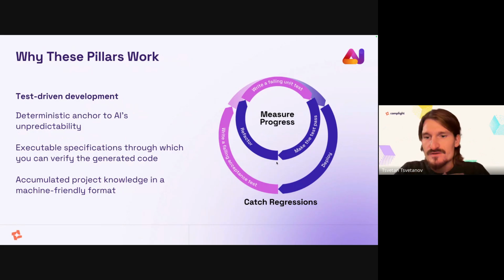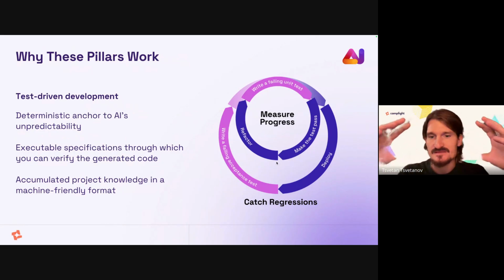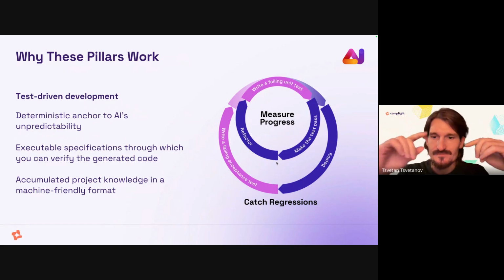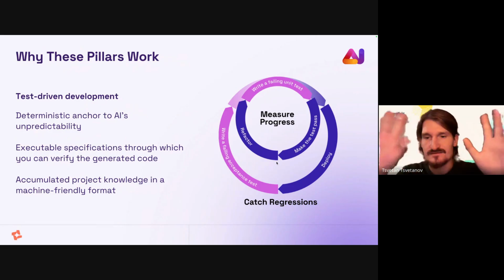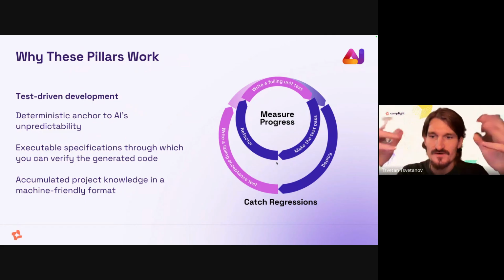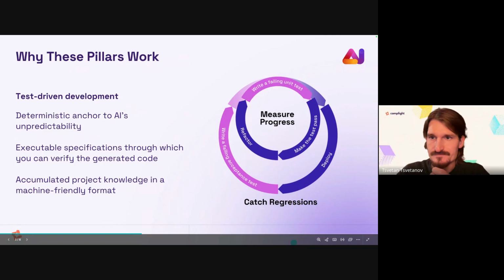And we are going to do the so-called double loop TDD, where we first write a high-level acceptance test that fails, and then we implement the details through unit tests. And then once everything is done, we move on to the next slice of work.